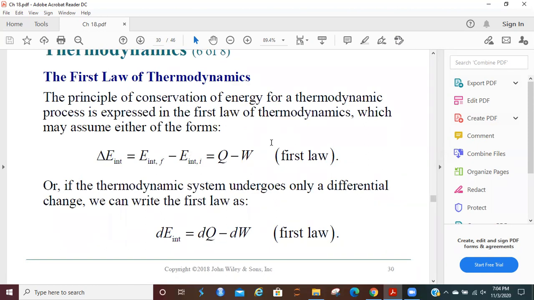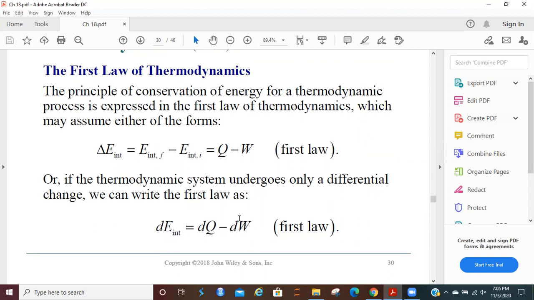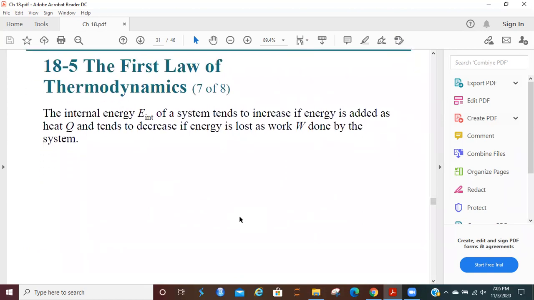Or if the thermodynamic system undergoes only a differential change, we can write it such as this, if we're looking at something that may be more continuous. So the internal energy of a system tends to increase if energy is added as heat, and tends to decrease if energy is lost as work is done by the system.